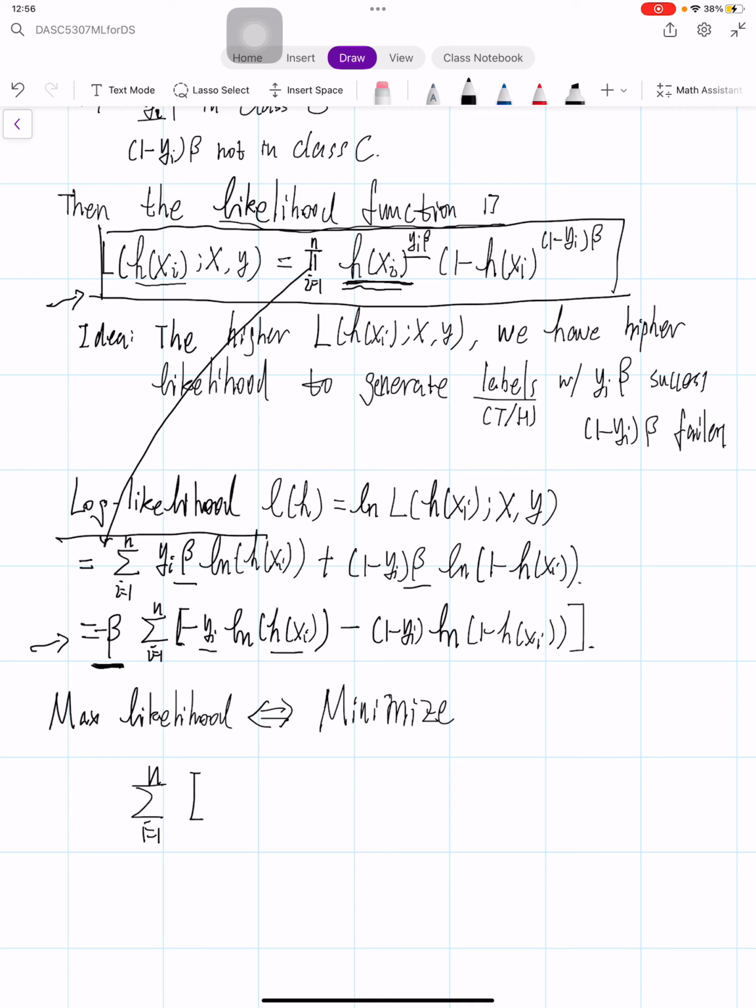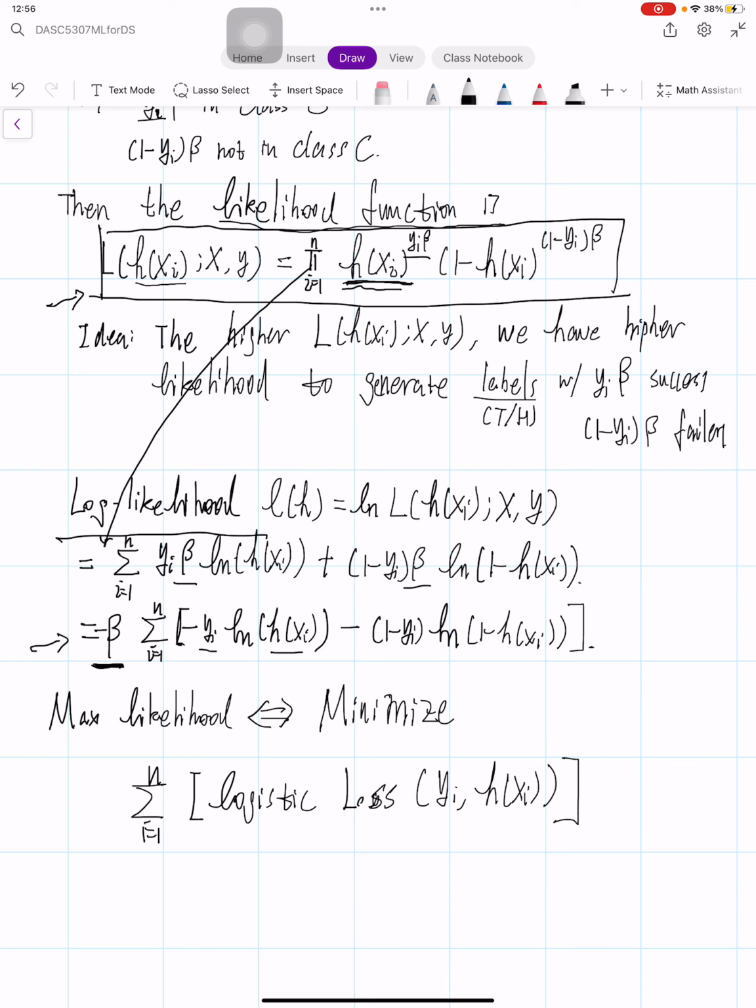Actually, this is the logistic loss between the observed y and the predicted y.